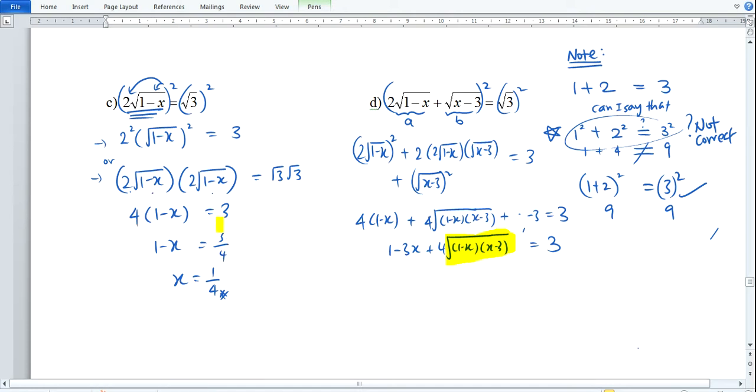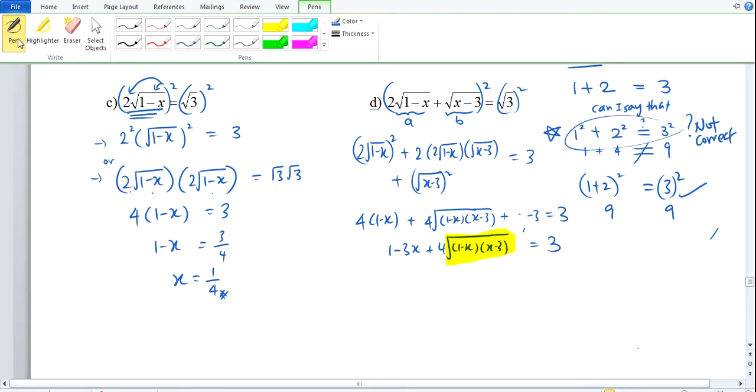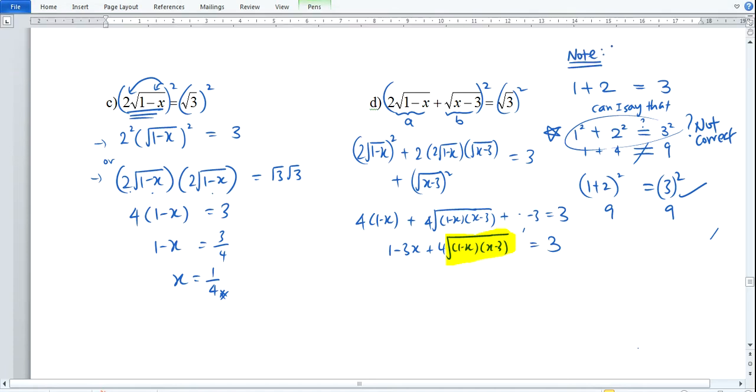In order for us to remove the last square root that we have caused because we had to square both sides in the first place, what we can do is shift everything else that is not the square root to the other side of the equation, and I will have gotten 4 square root 1 minus x, x minus 3 equal to 2 plus 3x.